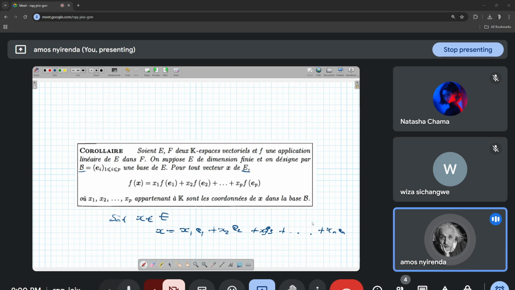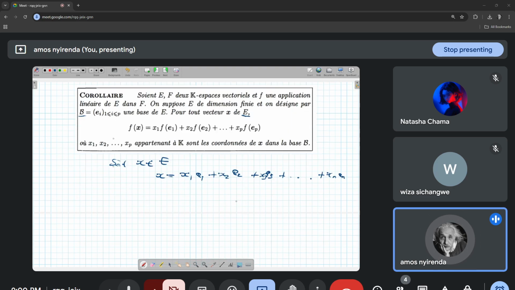Remember, la base d'un espace vectoriel, c'est une famille qui est à la fois génératrice et libre. It is generatrice, meaning it is capable of generating the entire space E. It is also libre. So the property that you are seeing here is the aspect of generatrice, because every element x in E can be written as a combinaison linéaire of the elements in this particular base.